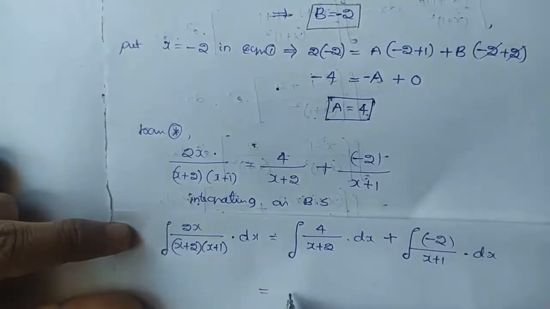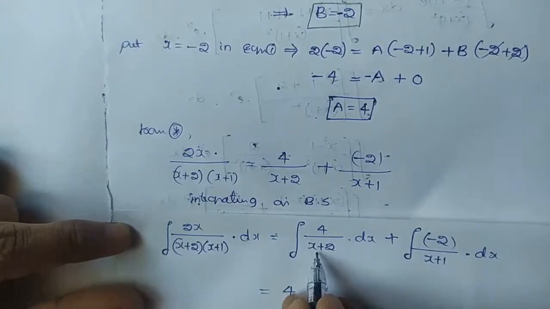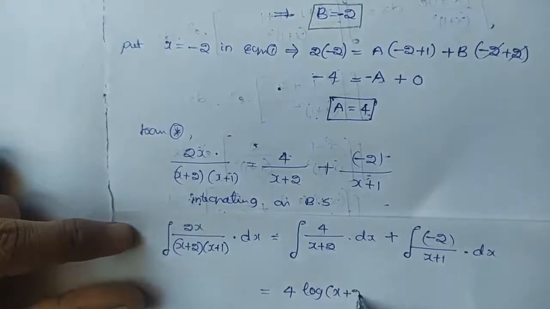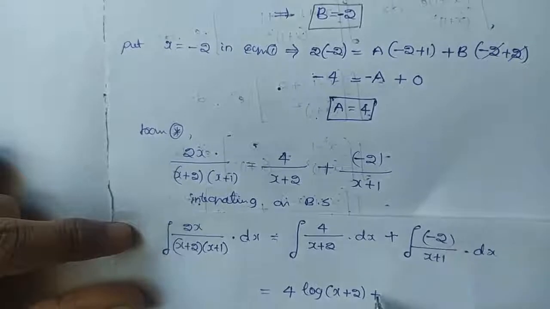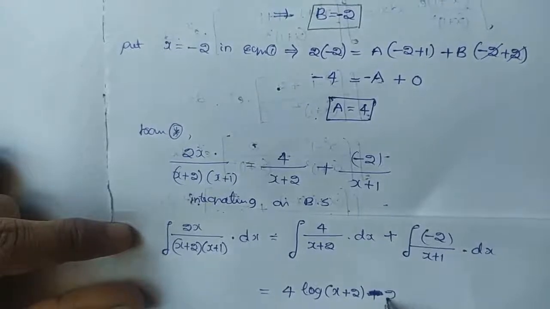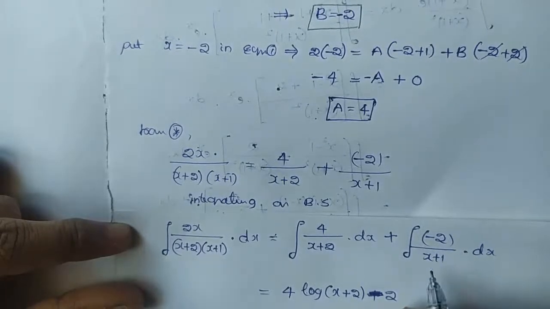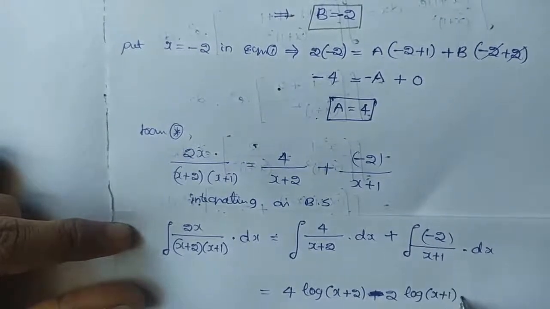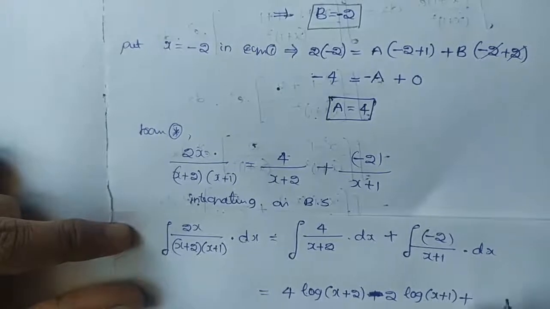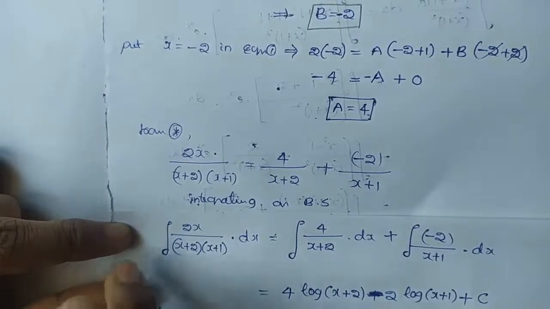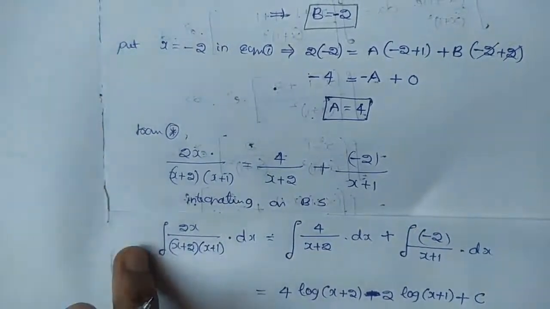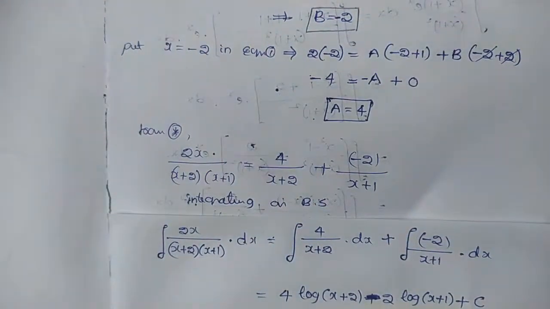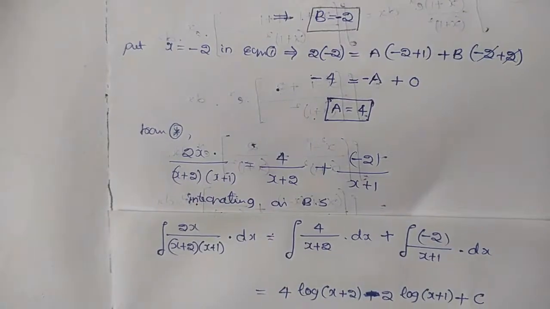That is equal to 4 into log of x plus 2, plus minus 2 into log of x plus 1, plus C, where C is a constant of integration. Hence this is the solution for the 31st question.